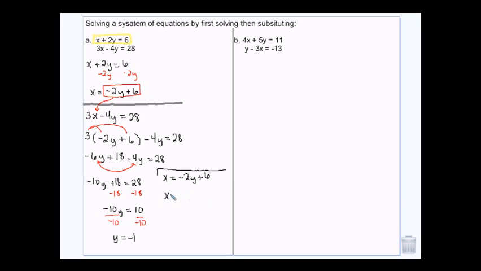Y is -1. So I plug in the -1. So x will equal 8. Which gives me my solution of 8, -1. So even though we found the y first, because it's y, it gets put into the ordered pair second.